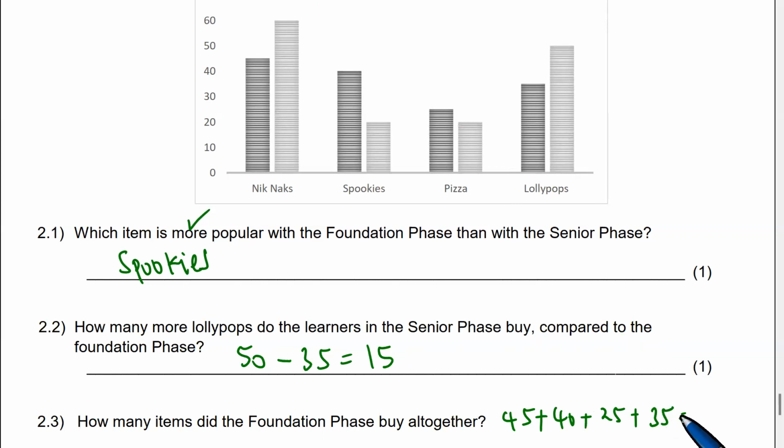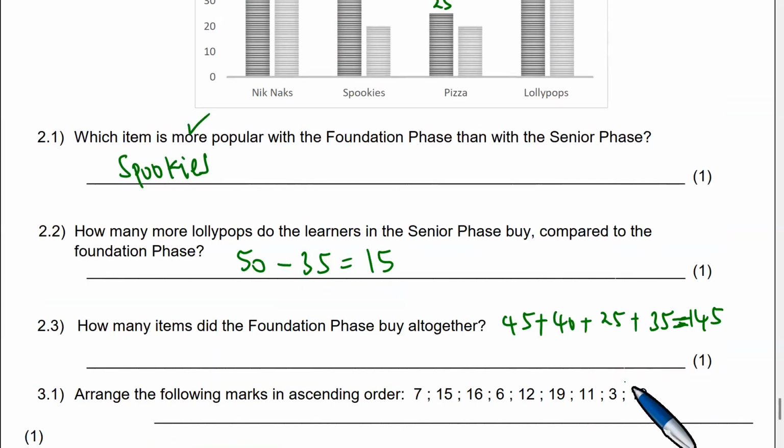And the answer is 145. So surely it's correct to say how many items the foundation phase bought altogether? So this is 45. This is 40. This is 25. And this is 35. So the foundation phase bought 145 altogether. Next question.